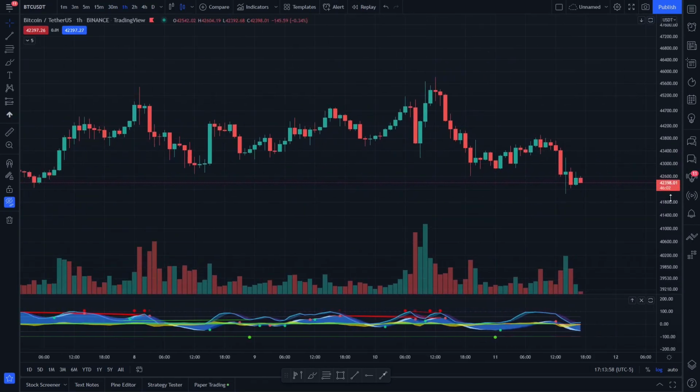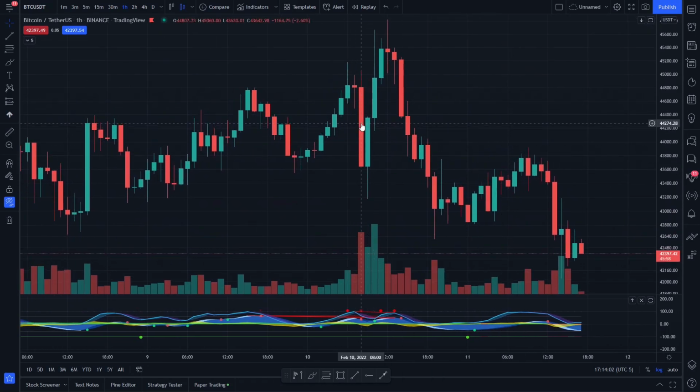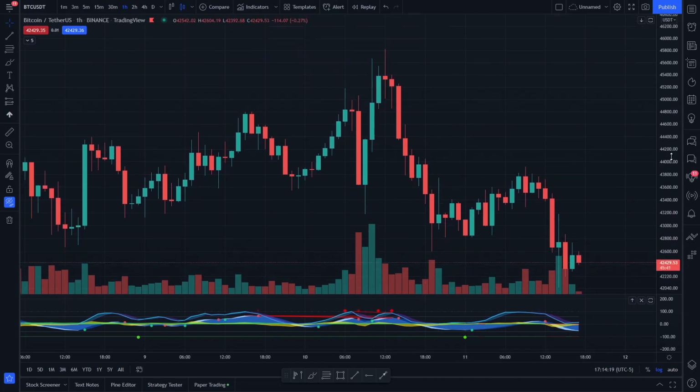So if you can see here, in this quick little up and down we had yesterday, February 10, the red dot appeared and big selling money came in. Right after here it didn't flash a green dot, but here it flashed a green dot and big buying money came in. These aren't buying indicators.